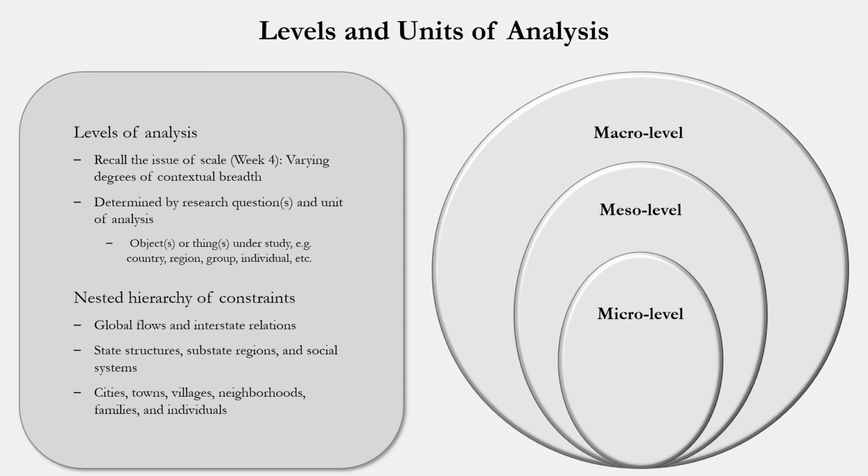To paraphrase a famous 19th century sociologist, people make their own history, but only under imposed constraints. Practically speaking, that means that even if you're doing a microhistory, you should still account for macro and meso level perspectives, and vice versa.